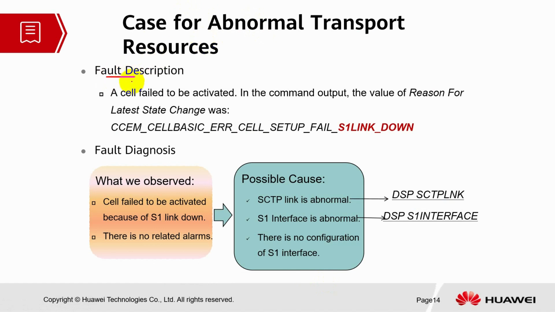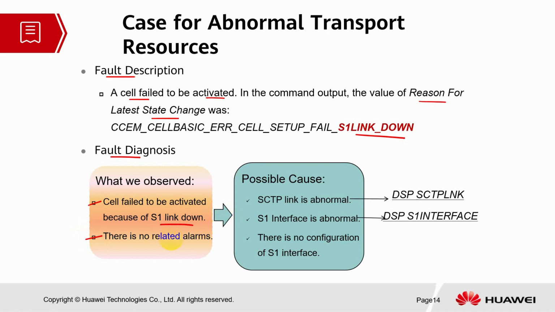The fault description is that a cell failed to be activated. In the command output, the reason for the latest state change was S1 link is down. What they observed from the fault diagnosis is that the cell failed to be activated because the S1 link is down, but there are no related alarms reported. So they only realized the problem when they tried to activate the cell.